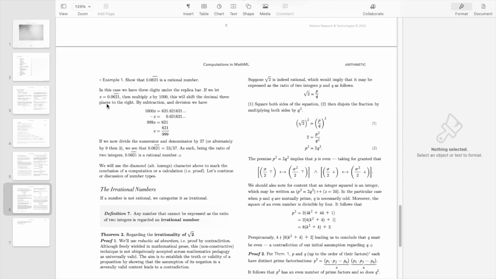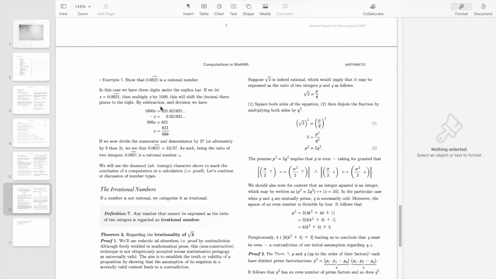If we let x equal 0.0 repeating bar 621, then multiply by 1,000, right? Because we have 4 digits. We're in the thousandth. We're going to be dealing with the thousandth place here. Then multiply by 1,000.